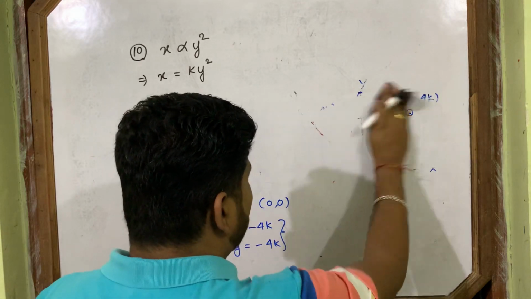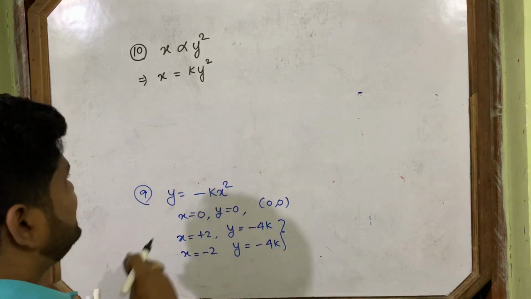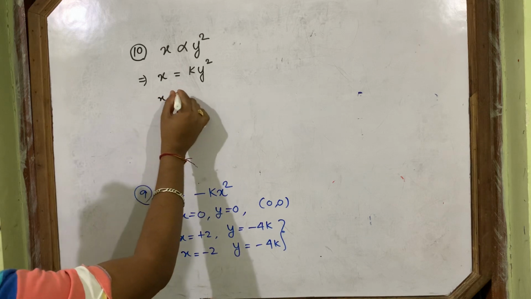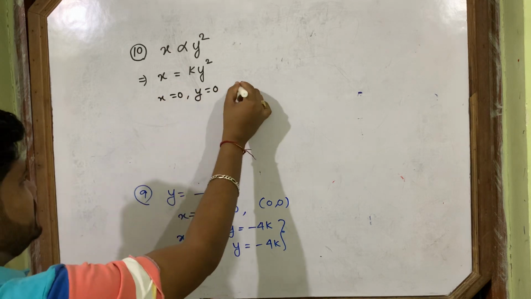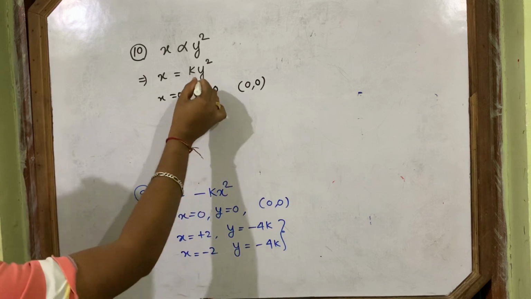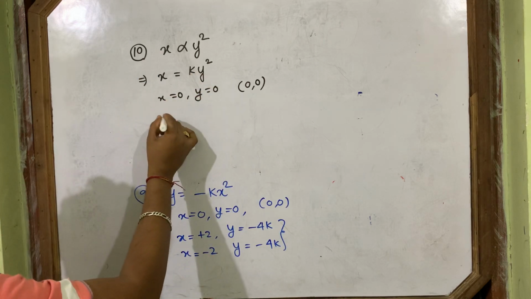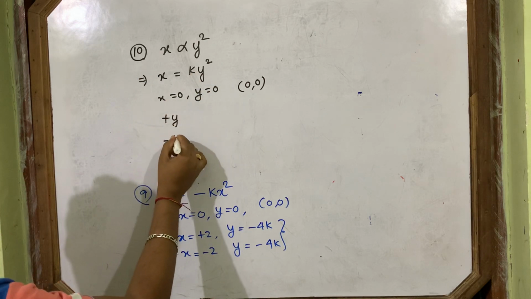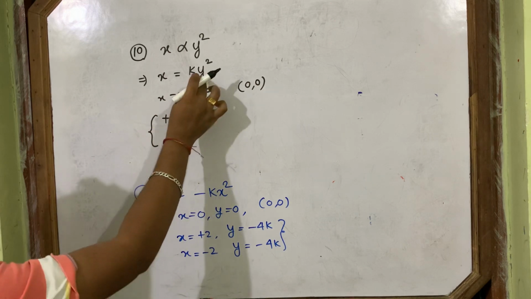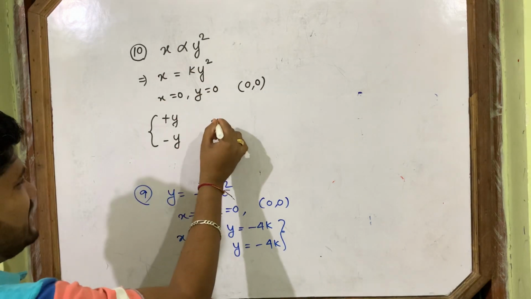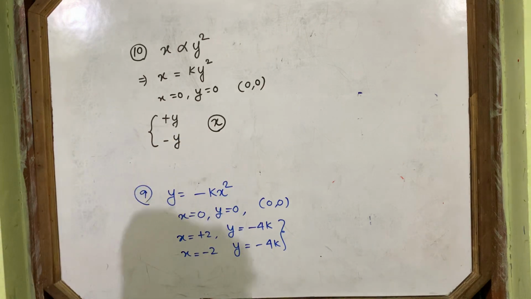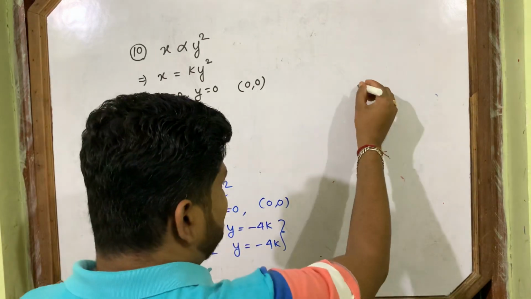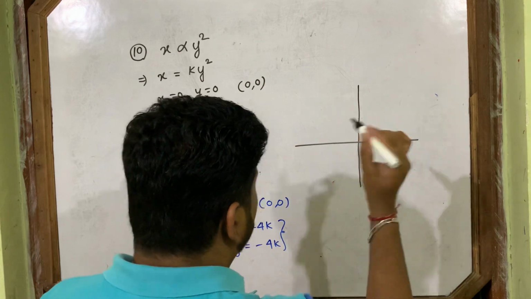Now you see how the graph will be here. So again x 0, y 0 is 0, 0. But for two values of y, for plus y and for minus y, x has only one value.